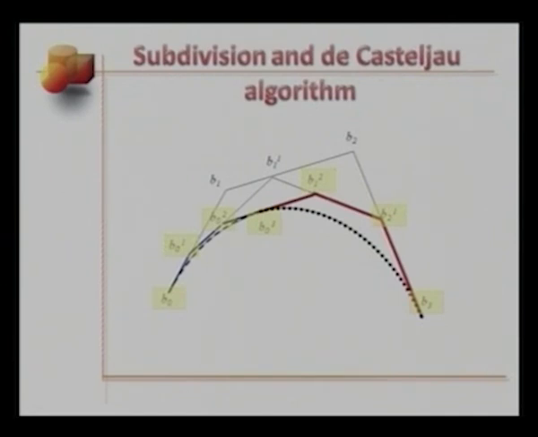Or maybe, while you're thinking, I'll pose another question. What if I decide as a designer to move this point maybe to a different location here? Again, which one of these segments will change in shape? This one, or this one, or both? In a sense, what I'm trying to ask is, would you think now that after subdividing the original Bezier curve into two parts, I would see a local change in shape?